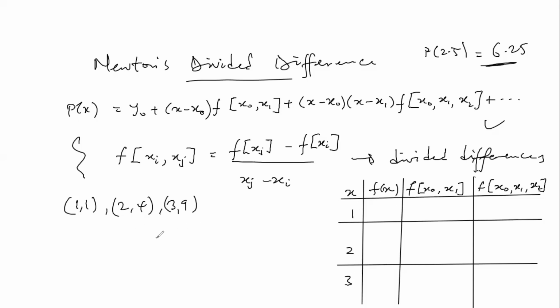It means that at this point, f of Xi is the same as f of Xi, so this will be drawn from our data, which is 1, 4, 9, which is the same as Y. But in our formulation, we are not playing with that for now, just to be clear. Now, how do we estimate the divided differences?